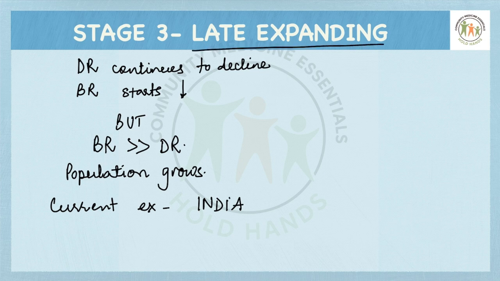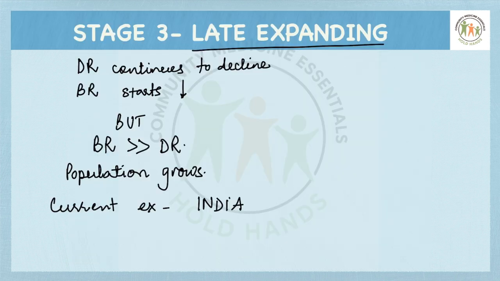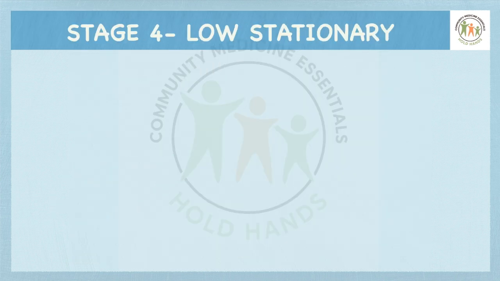Then stage 4, this is low stationary stage. Here birth rate and death rate both are low.